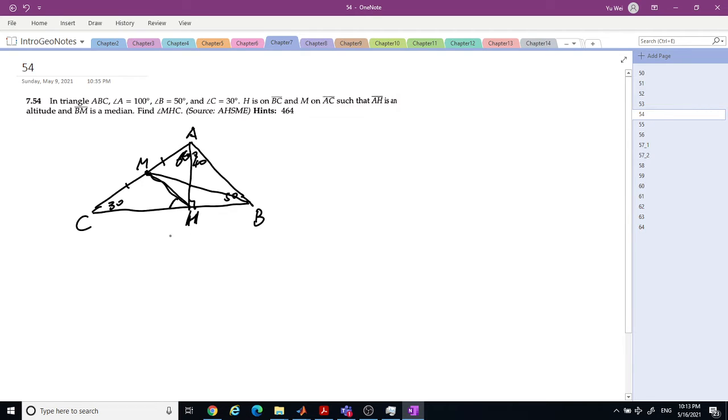Let's see. So we have the altitude, then we have the median. You can see here, is this a right triangle?